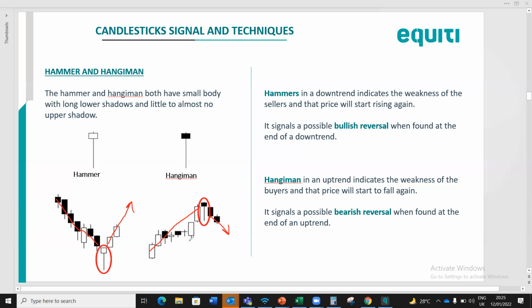So let me quickly teach you how we can use this to place trades, to get a trade setup. Once you see the hammer at the end of a downtrend, that does not mean you just rush into the market and buy. Of course, no. What you have to do is wait for the next candlesticks to validate the hammer that you found at the end of the downtrend.